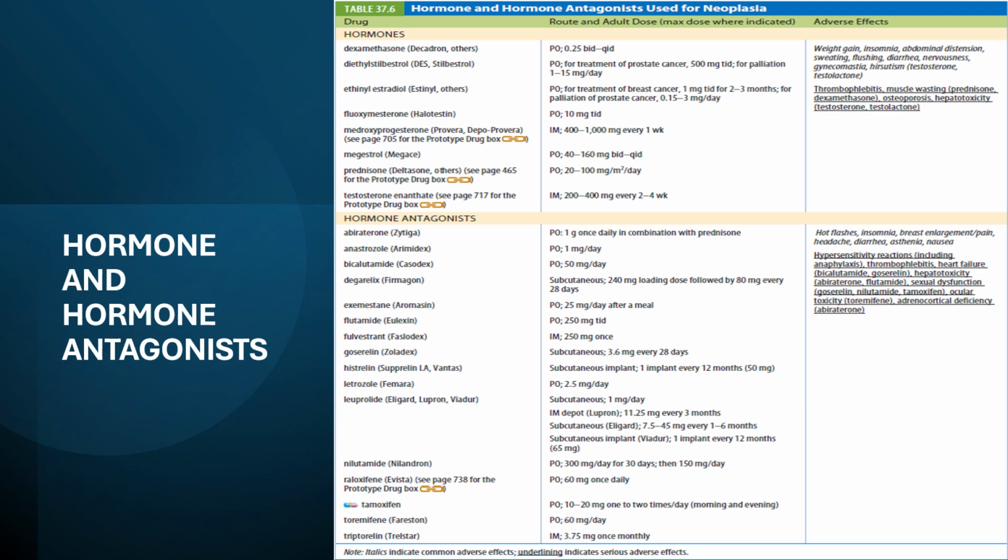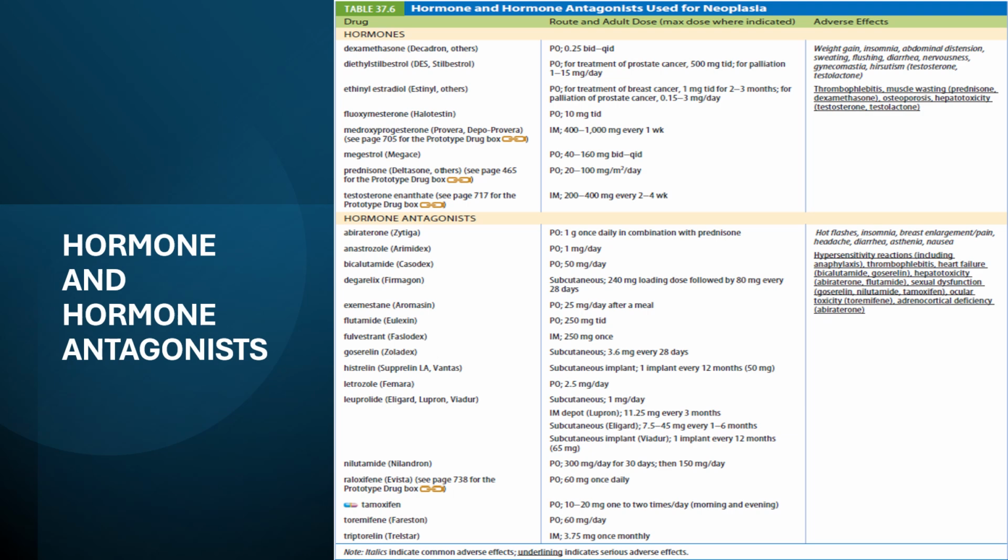Estrogen receptors are overexpressed in many breast cancers, which are known as ER-positive tumors. Estrogen promotes the growth of ER-positive breast tumors. The estrogen antagonists or anti-estrogens are used to treat ER-positive tumors.